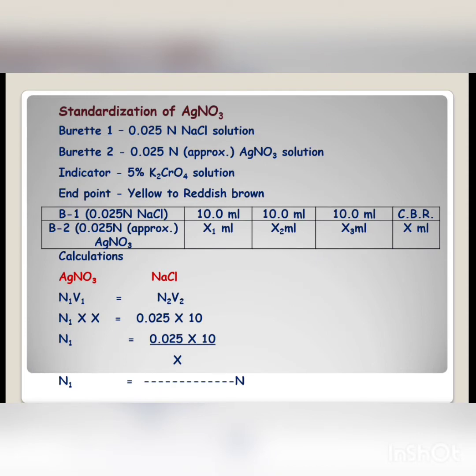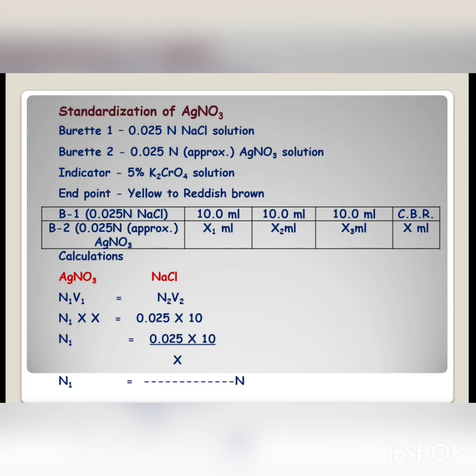Now in the procedure, first of all we will do the standardization of silver nitrate, and while doing the standardization we require both the solutions, 0.025 normal silver nitrate and 0.025 normal sodium chloride.